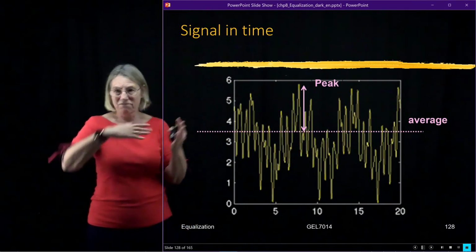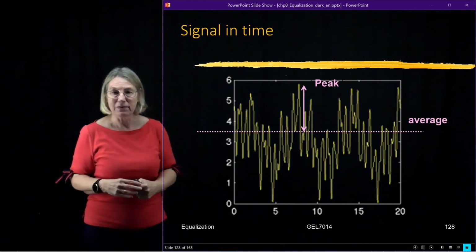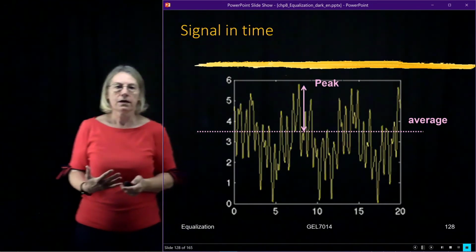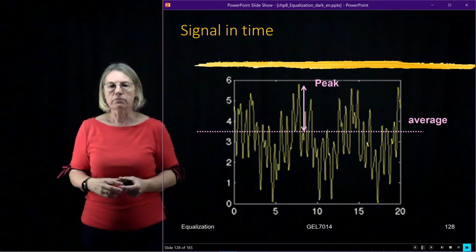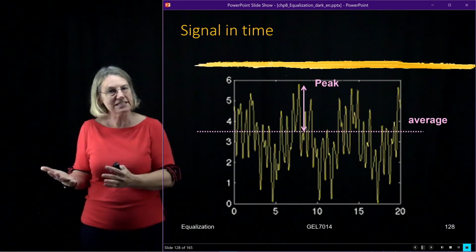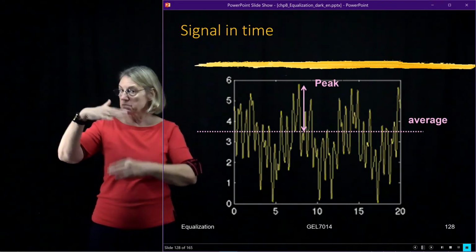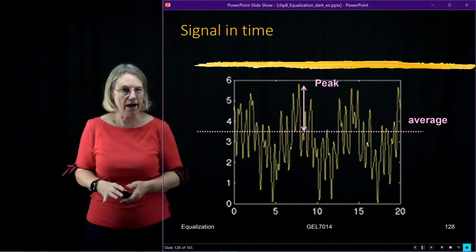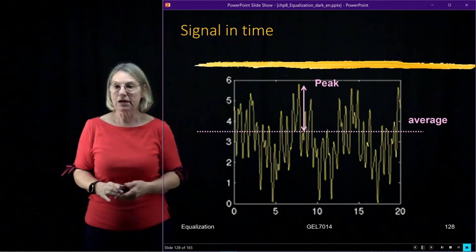And so I have a very large dynamic range that I have to be able to cover. And that may be challenging for some equipment. So the peak to average problem is something that we'll attack by different digital signal processing techniques to maybe try and do some clipping, try and reduce it so that I don't require such a high dynamic range.